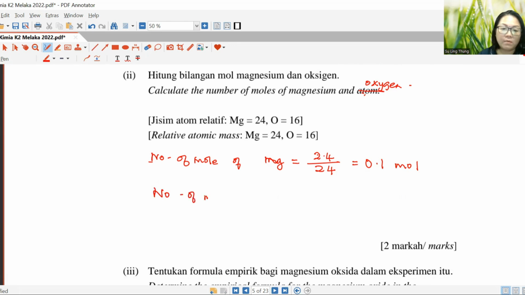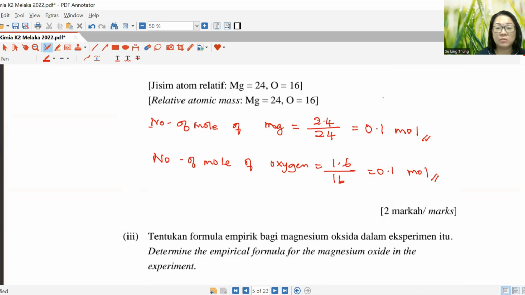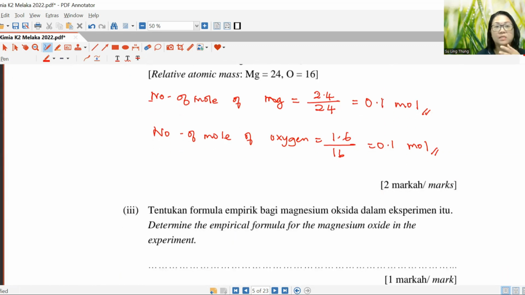Number of moles of oxygen will be 1.6 divided by 16, which is 0.1 mole. Your final answer must always have a unit, because if you don't, even if the method and answer are correct, you will not secure any marks. Units must be stated every time in paper 2.